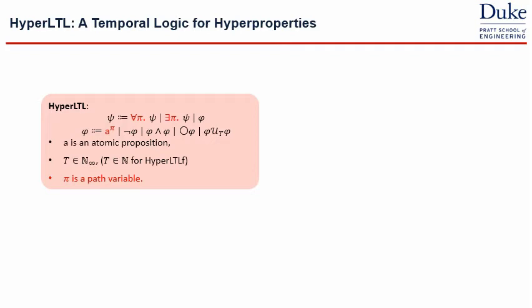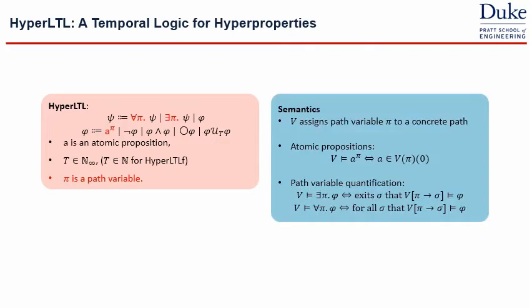In addition, HyperLTL allows universal and existential quantification for the path variables. To evaluate the correctness of a HyperLTL objective, we just need to assign a concrete path to each path variable, and the existential and for-all quantifiers are interpreted in the common sense.